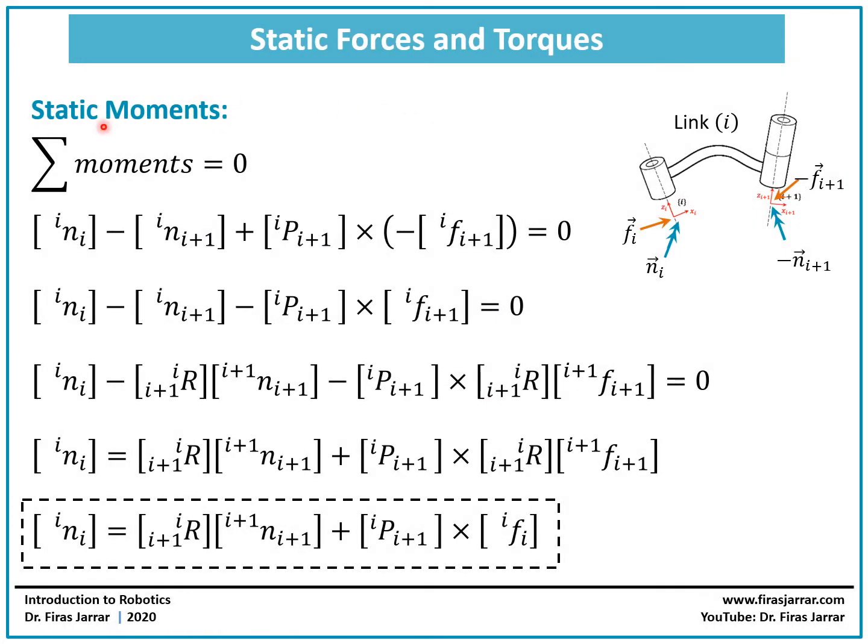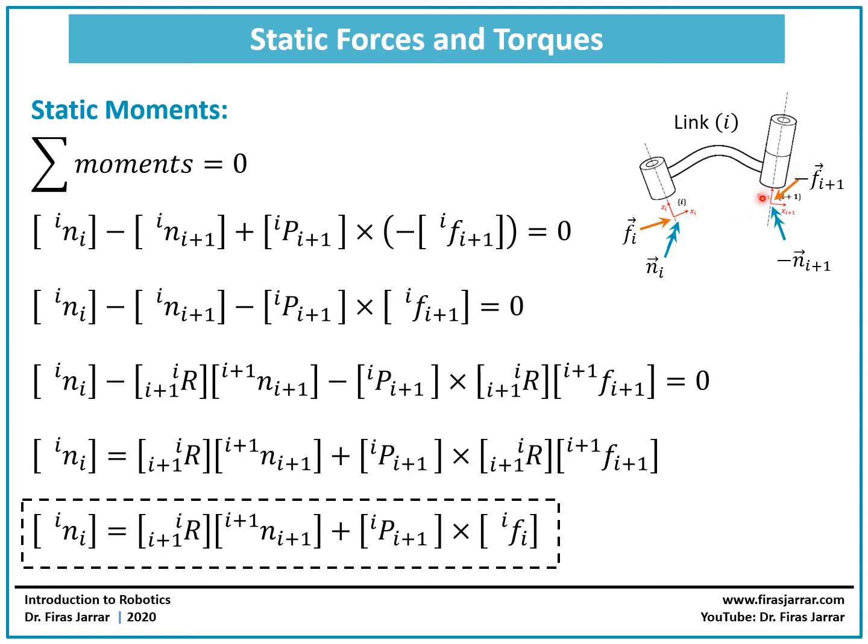In a similar way, we have here the summation of moments equal to 0, as a result of the static equilibrium. We're taking the summation of moments about the origin of this frame I. So we have this moment coming from the previous link, the moment coming from the link that comes after, and this force will not create any moment because it intersects with the point I here.